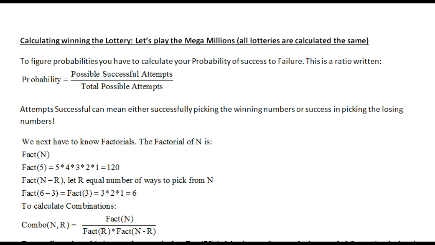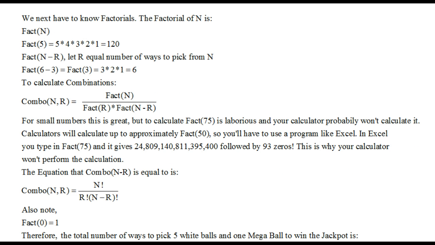So, okay, to calculate combinations, we say combo n comma r. We have a set of n numbers, and we have to pick r numbers from that. So, we have factorial of n divided by the factorial of r times the factorial of n minus r.